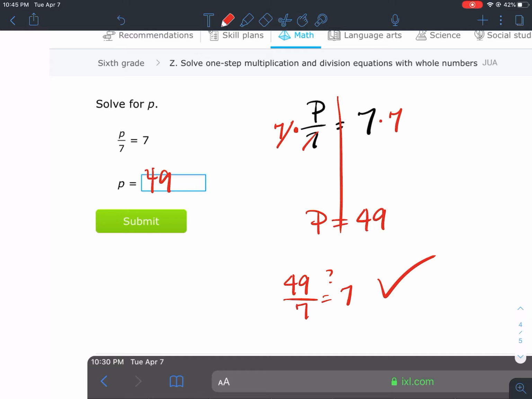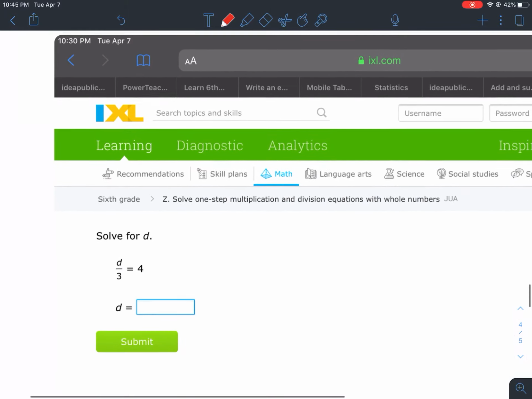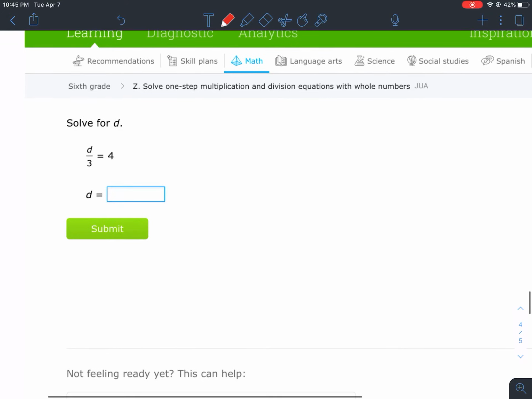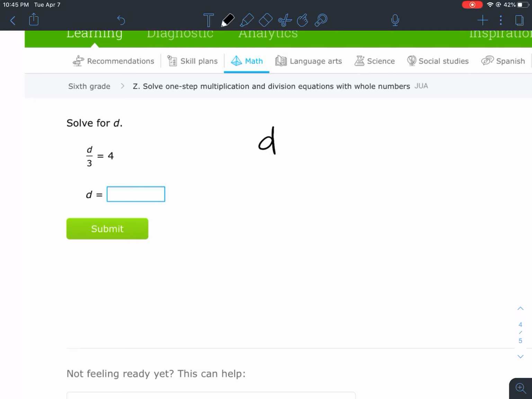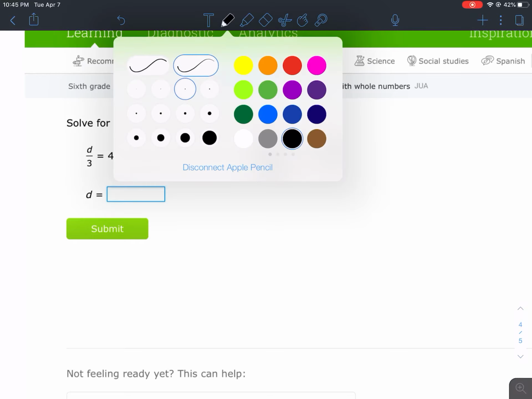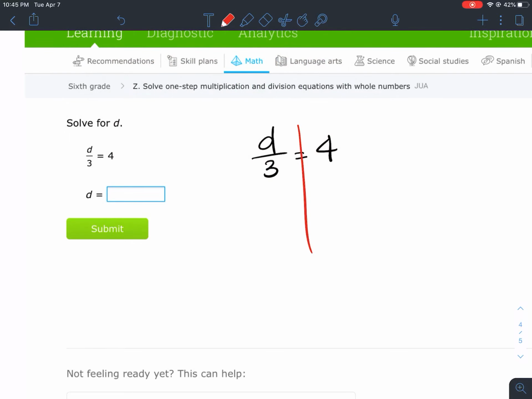Okay. One more problem, and then you can work on your own. I have D divided by 3 equals 4. So first, I want to balance out my equation. A number divided by 3 gives me 4. Some of you guys can do that in your head, and that's awesome if you can. But if you can't do it in your head and you need to work it out, this is how you're going to work it out.